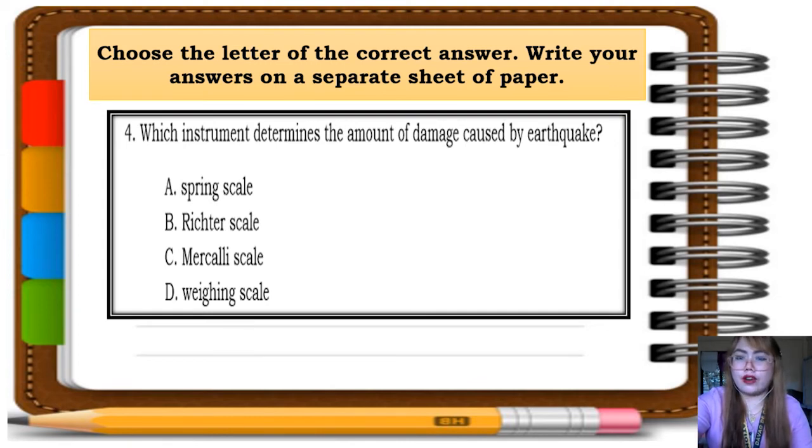Number 4. Which instrument determines the amount of damage caused by an earthquake? A. Spring scale, B. Richter scale, C. Mercalli scale, D. Weighing scale.